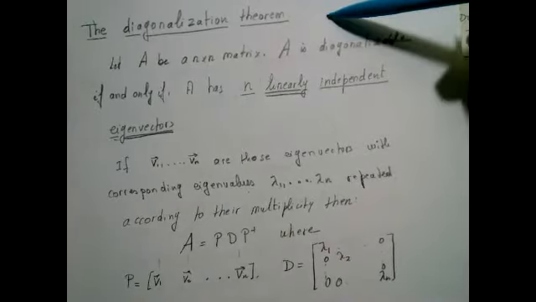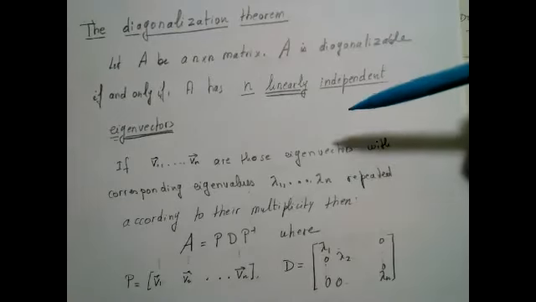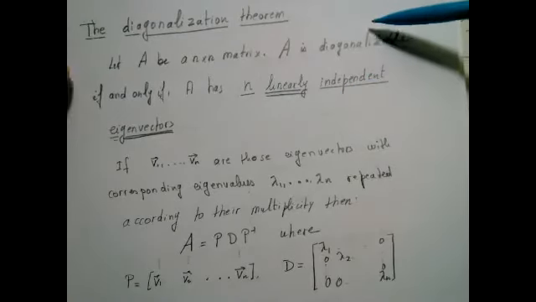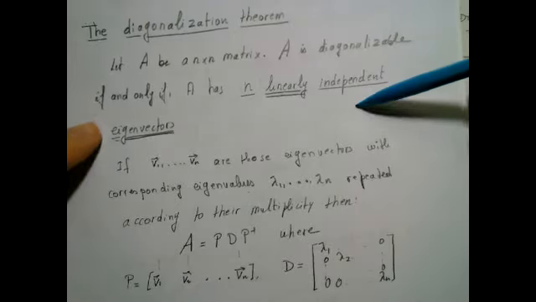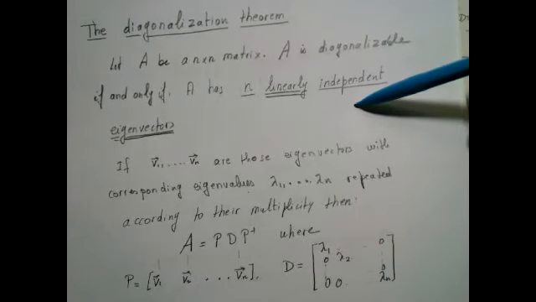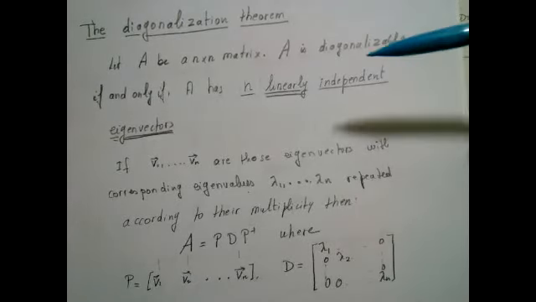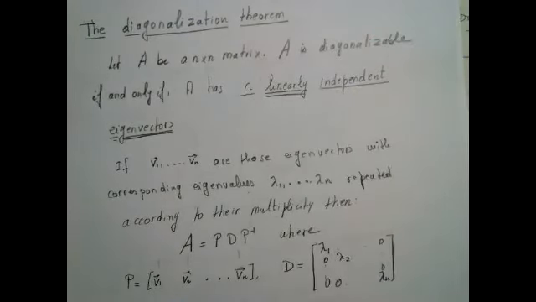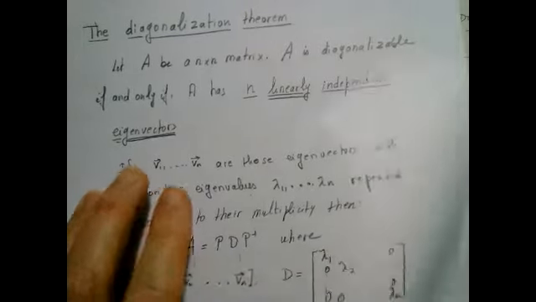So the characterization of diagonalization: we can factor the matrix, or diagonalize it, if it has n linearly independent eigenvectors. That's the criterion. If it has those, the way we diagonalize it is that P will have the eigenvectors for columns, and D will have the eigenvalues along the diagonal. Both of them will have to be n by n matrices.